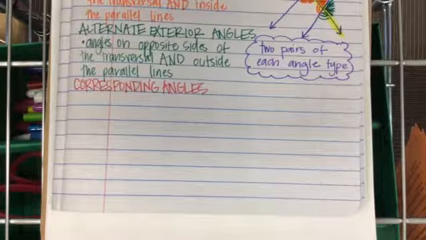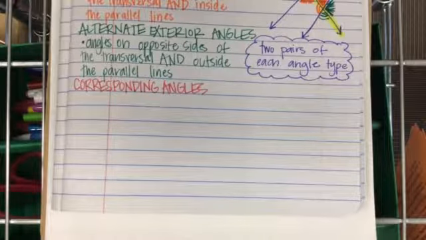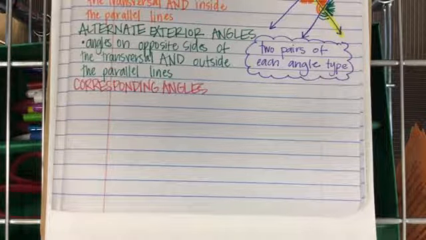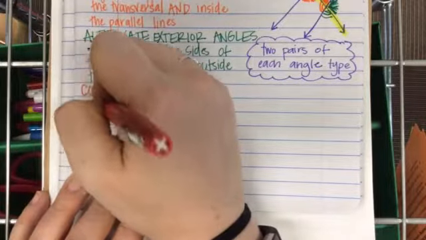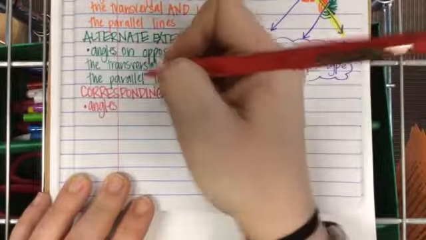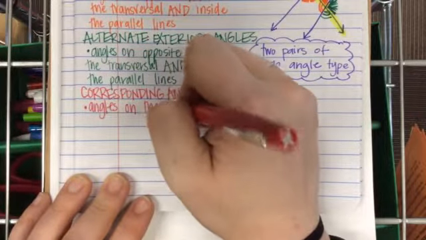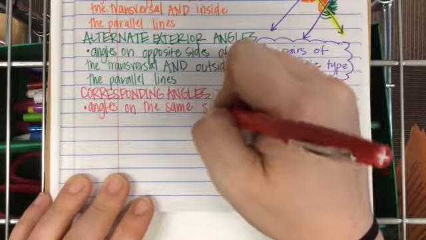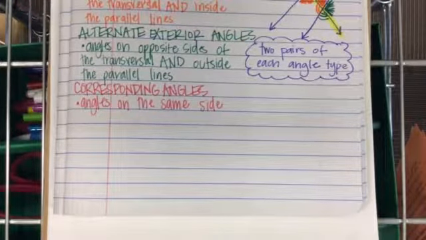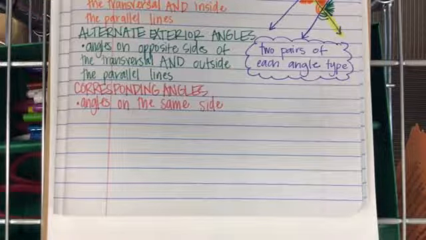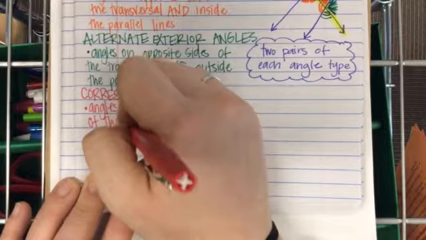Alternate, opposite, exterior, outside. Corresponding's a little harder. Corresponding angles are angles on the same side. So it's not alternate. That name is gone. These are corresponding. They're on the same side of the transversal.